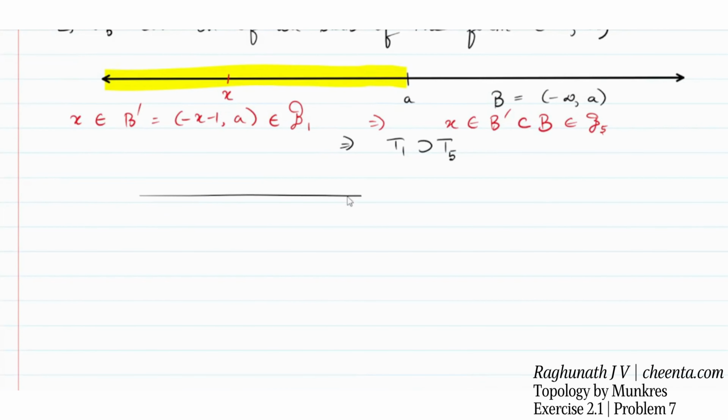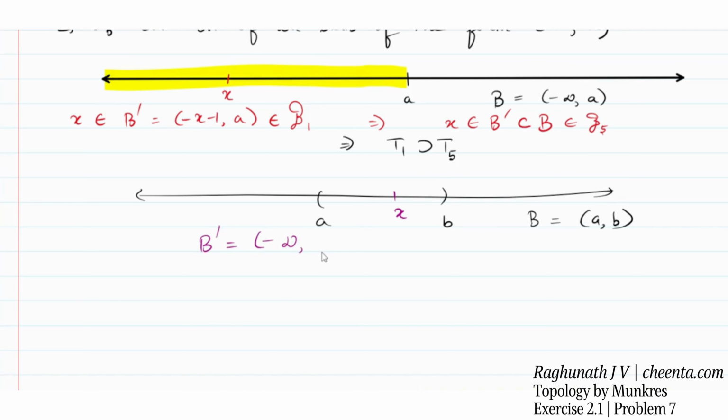If you take any basis element a comma b of T1, and if you consider any element x of a to b, then any basis element of T5 containing x will be of the form minus infinity to some number c, where c is greater than x.